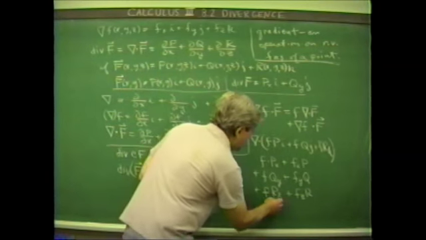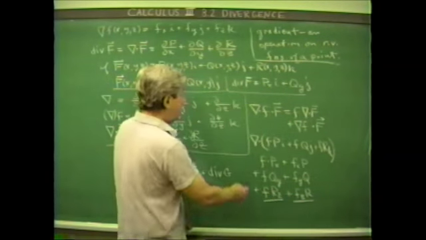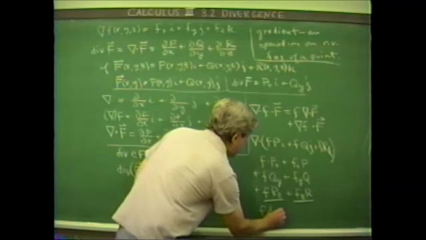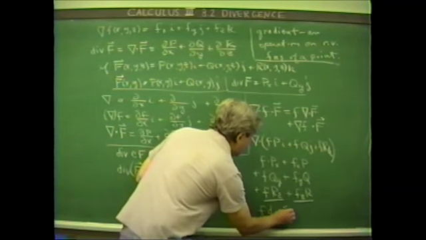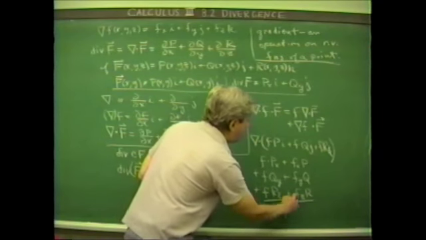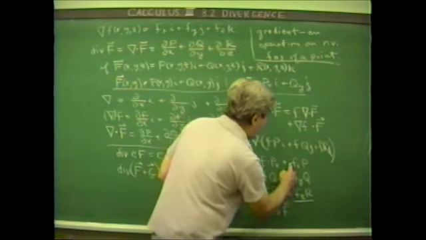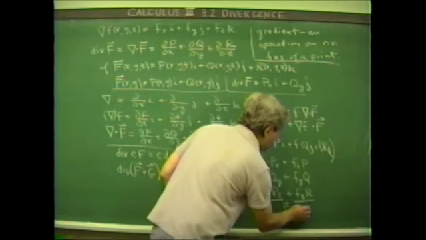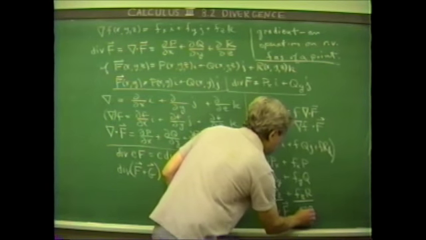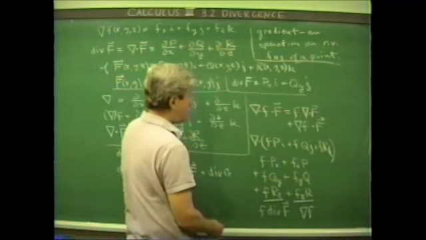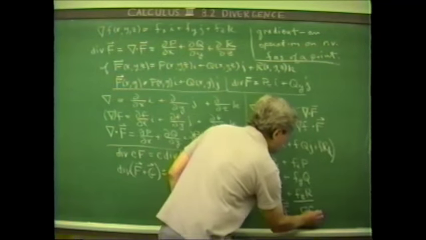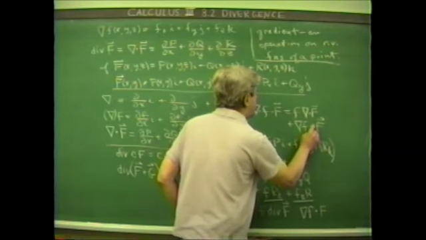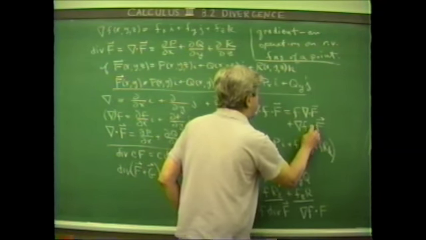Well, if we add these up, this first sum is f times the divergence of capital F. And the second sum is the gradient of f dotted with capital F. The interpretation of this is that this is the dot product right here.